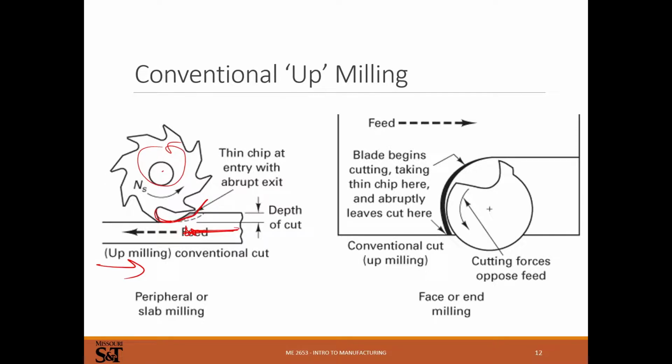So it's going to engage down here, and it's going to go up the material. It's going to be a thin chip at entry, and it's going to get thicker, and then it's going to leave the material, and the chip's going to be removed. So the cut starts real thin here, gets thicker, and then the chip gets cut off there when the tool exits the part.